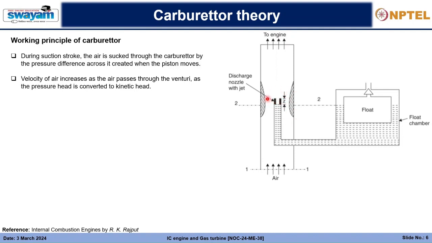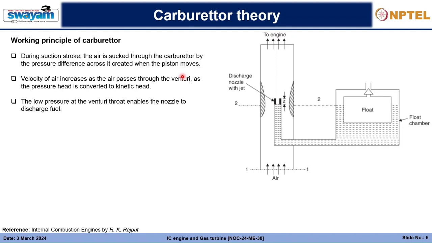Due to the decrease in pressure, a pressure difference is created across the float and the discharge nozzle, which is required for passing in the fuel. So due to this pressure difference, the higher pressure out here, lower pressure out here, the fuel now moves out of the nozzle as a very fine spray, in very small droplets.